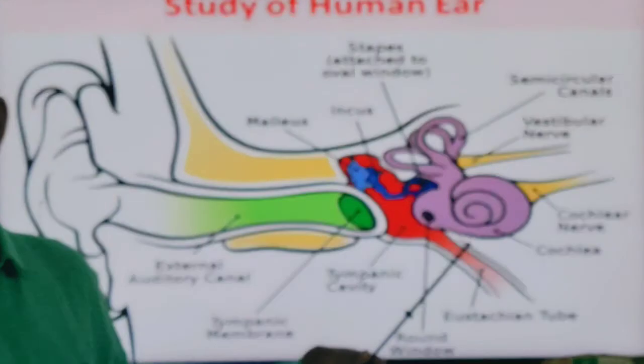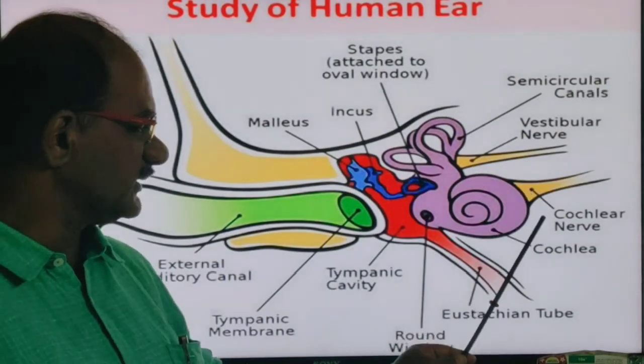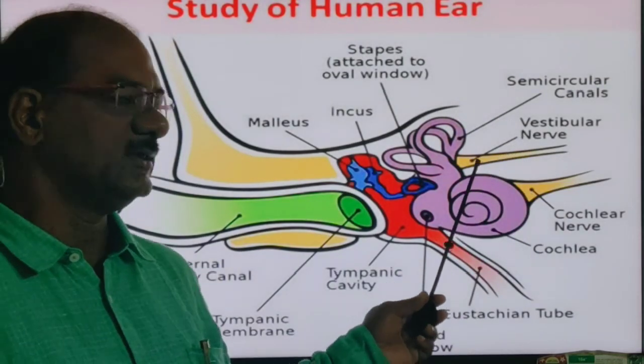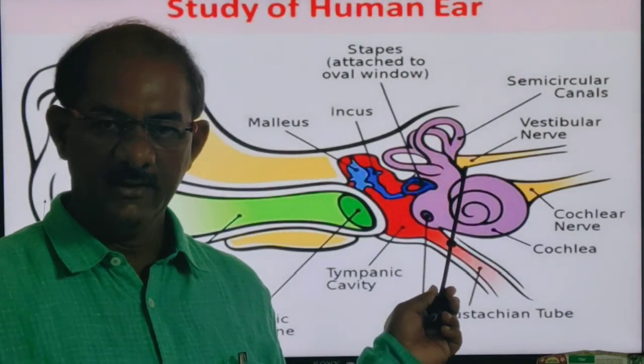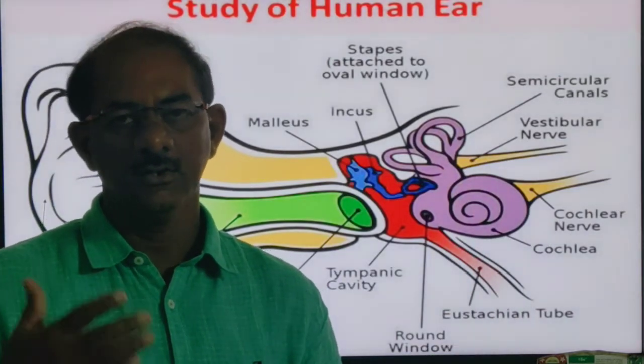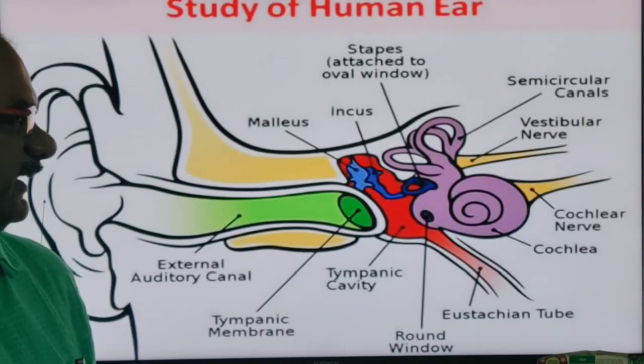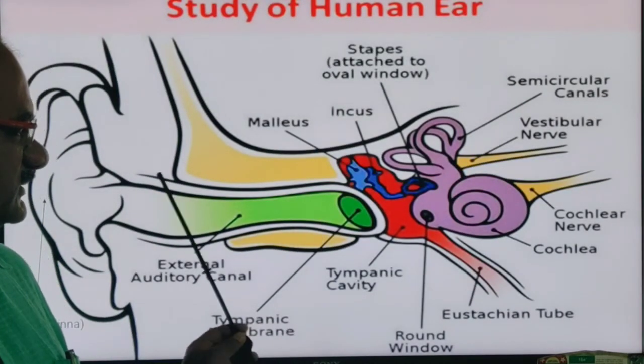That is the part of the inner ear. As well as the cochlear nerve and the vestibular nerve are present. Those nerves connect with the auditory nerve and go to the temporal lobe of the brain. So in this way, that is the structure of the ear.